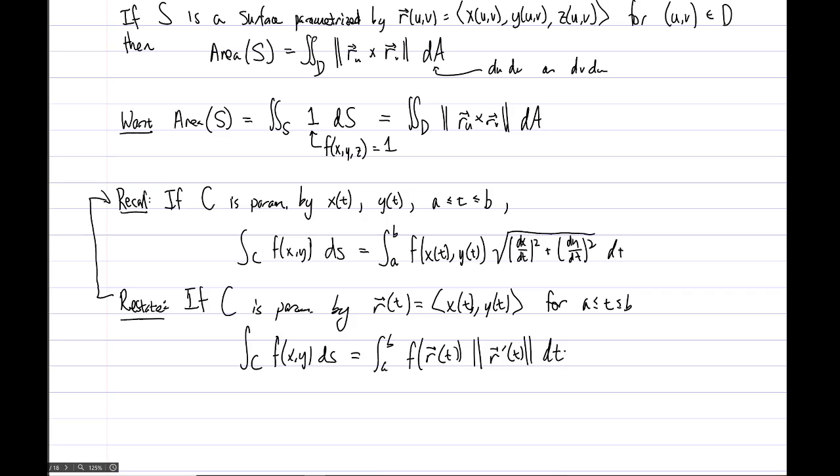Let's take a look with a little bit of color that this right there actually is the same as this. If you took this vector function right here and took the derivative and then took the magnitude, that really ends up being the same.